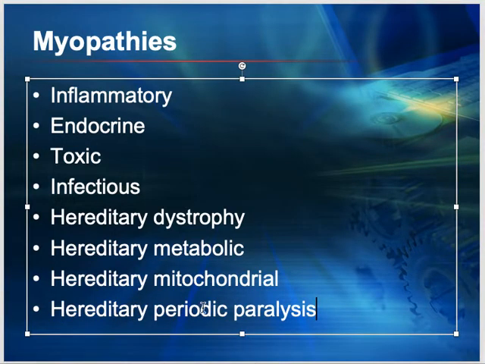And then there is hereditary periodic paralysis, which is a sort of channel problem of potassium, by the way. So what I mean to say is that there are many types of myopathies, or many conditions which can cause myopathies.